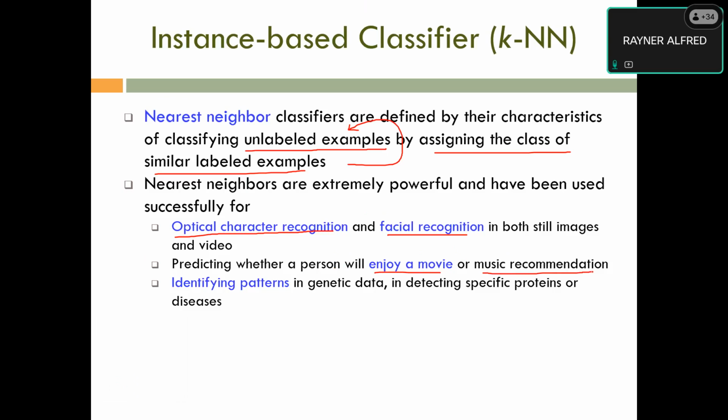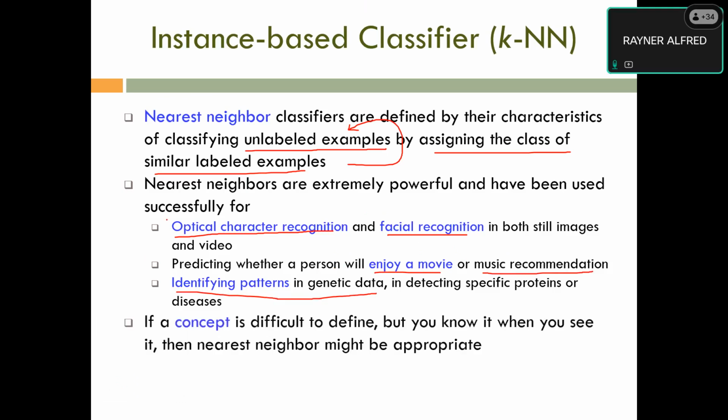We can also use nearest neighbor to identify patterns in genetic data. Normally, if a concept is difficult to define but you know it can be classified, then nearest neighbor might be one of the potential classifiers that we can use.